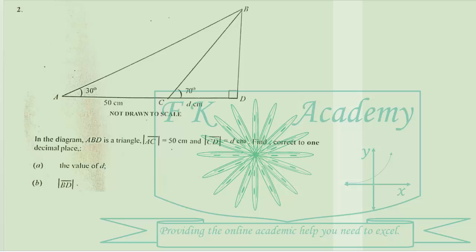So what we have to do is to form equations using trigonometry. First, let's use triangle BCD.